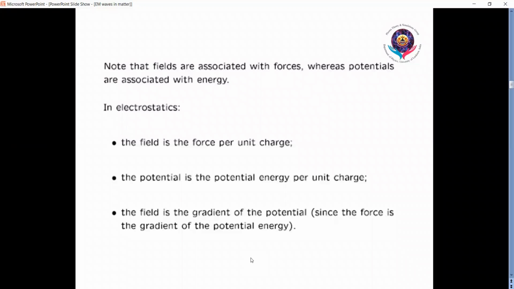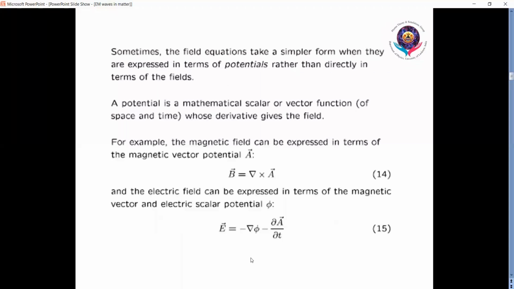So we can define that the field is the force per unit charge, and the potential is the potential energy per unit charge, and the field is the gradient of the potential. Field is the gradient of the potential means it is equal to minus del phi.